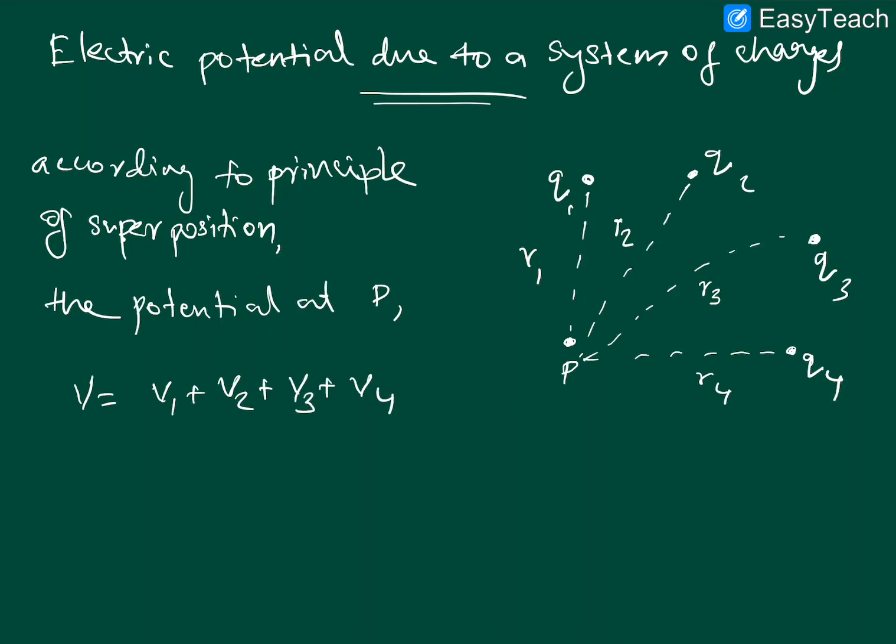Since only 4 charges are there, we have 4 terms, where V1 is the potential at P due to Q1.